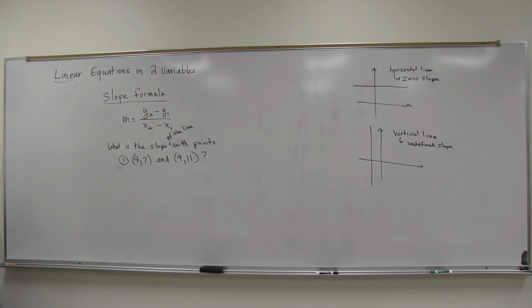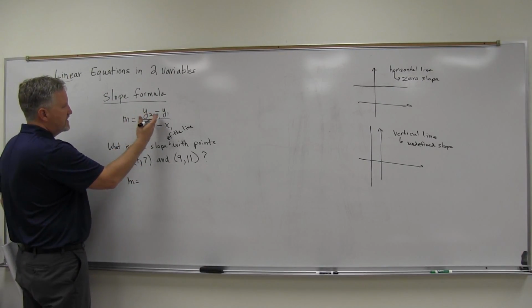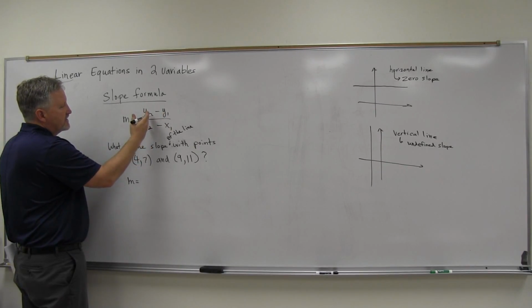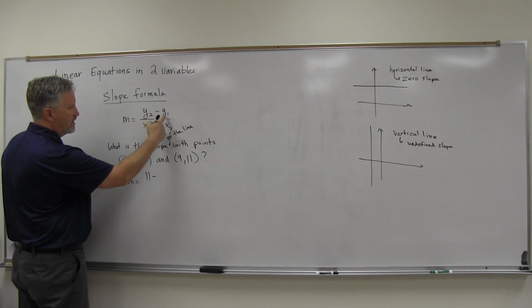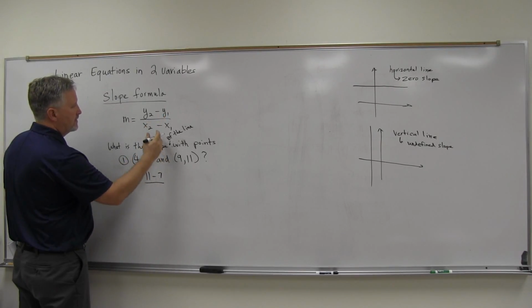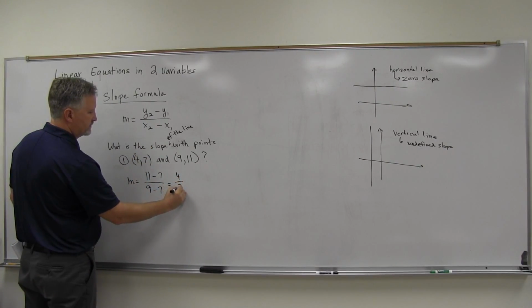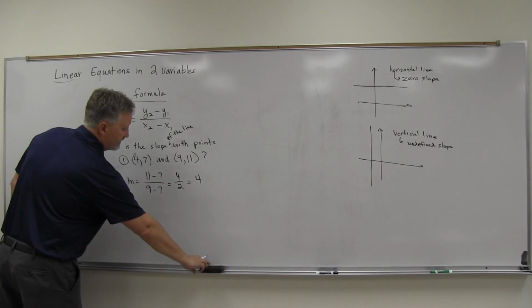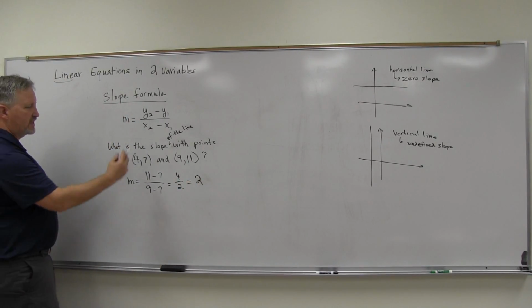So it's just plugging in some numbers, right? Like I said, just designate the y's and the x's. It's the second y, 11, minus the first y, 7, over the second x, 9, minus the first x, 7. So you get 4 over 2, which simplifies to 2.